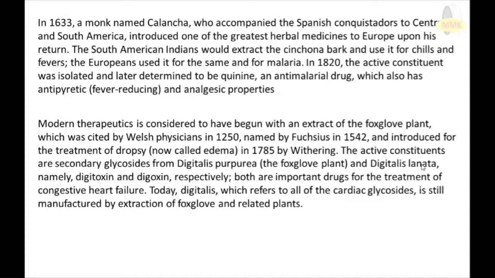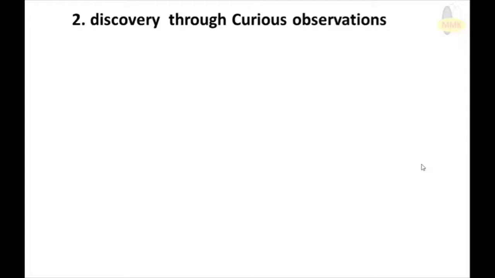So in this way, we got our first drugs from nature. Even before the development of organic chemistry, analytical chemistry, etc., we had knowledge of medicinal agents obtained from nature. That is the way the first drugs were discovered.